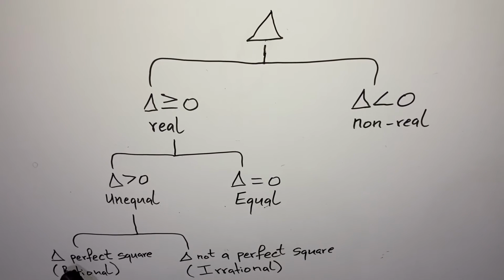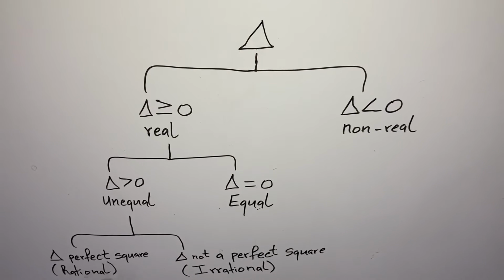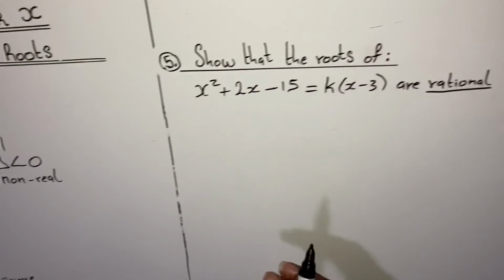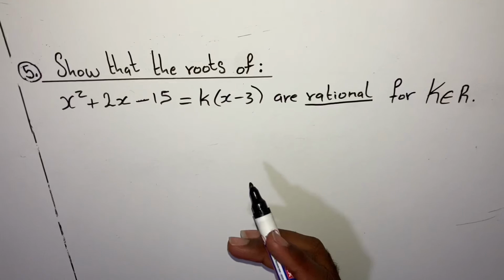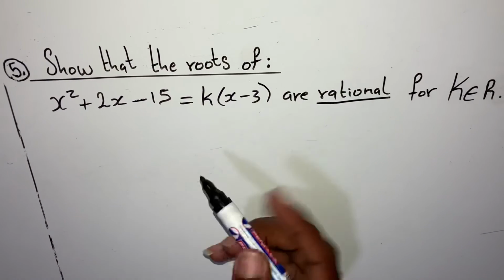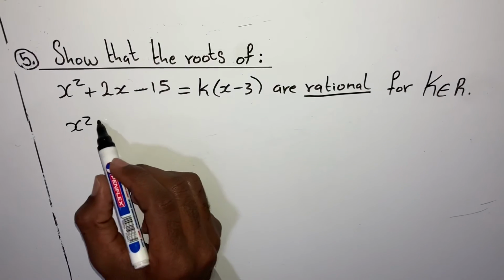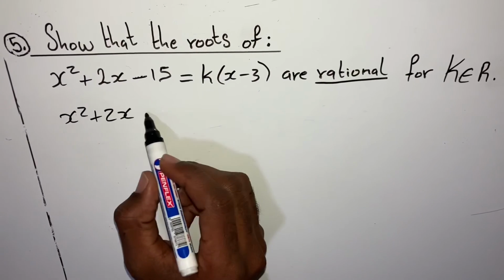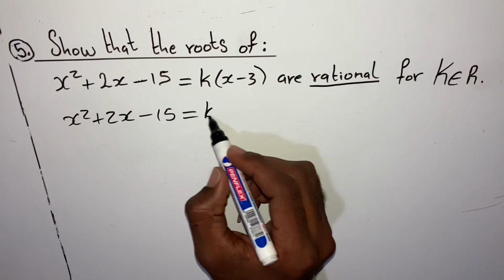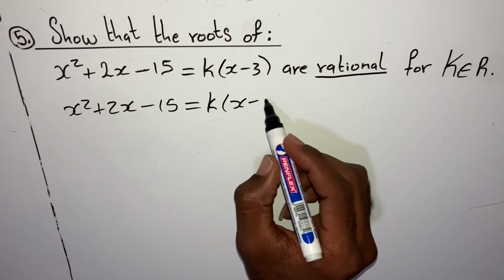Then when our delta is a perfect square, it makes the nature of roots to be rational. So going back to our sum, we know that at the end we are trying to prove that delta is greater than 0. So now let's take our equation, x squared plus 2x minus 15 equals k times (x minus 3).